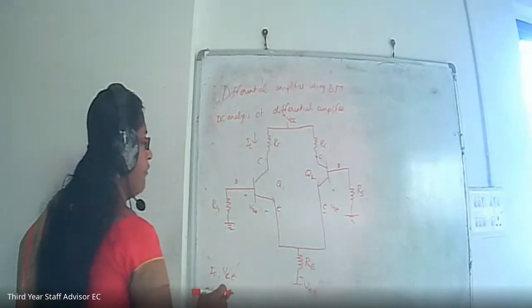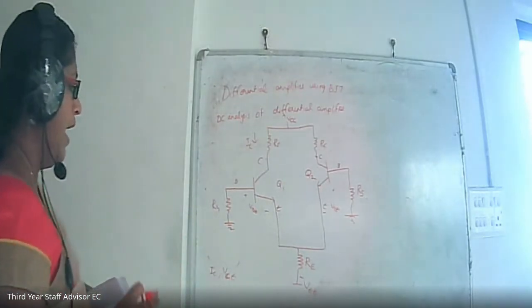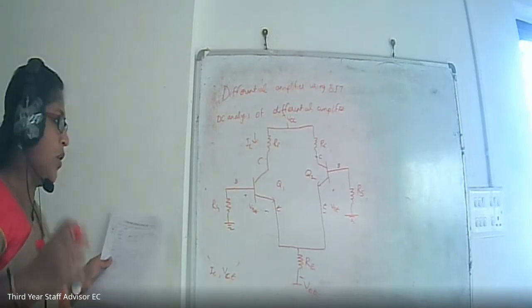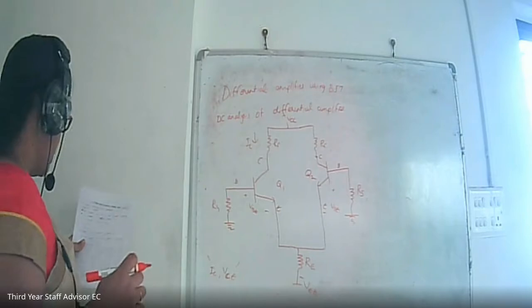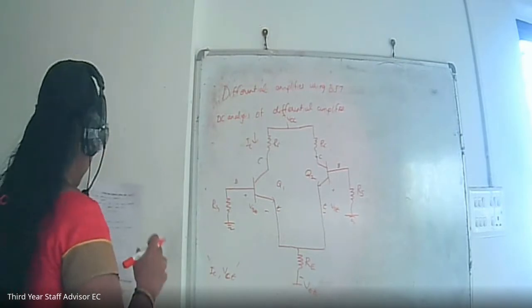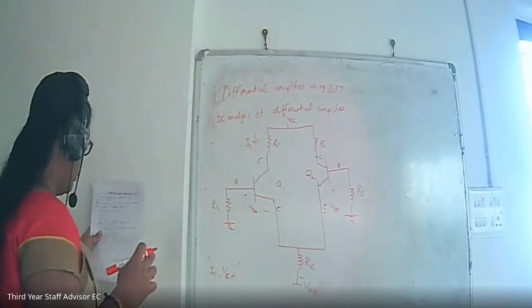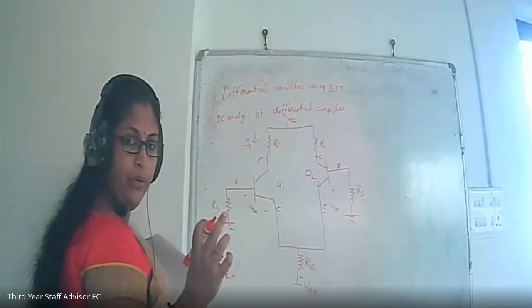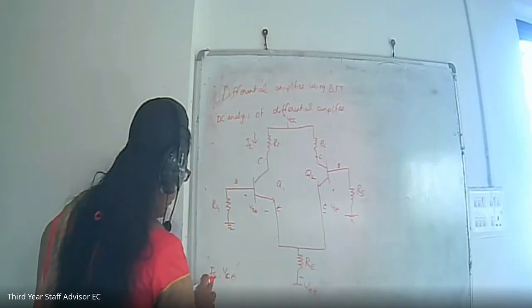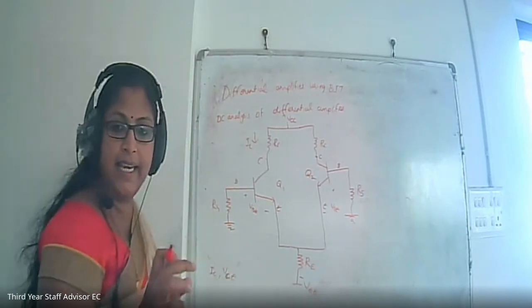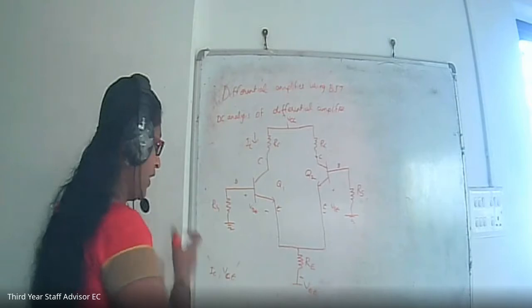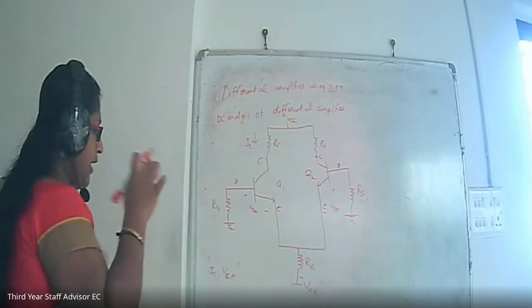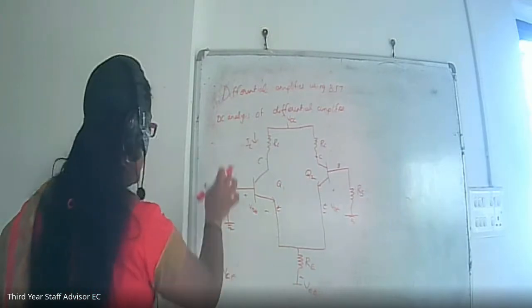In the DC analysis, the operating point values, IC and VCE, for any one of the two transistors can be found. That is our aim in the DC analysis.